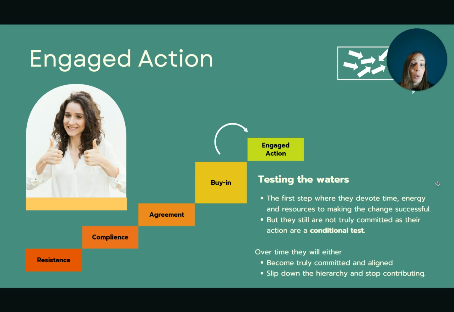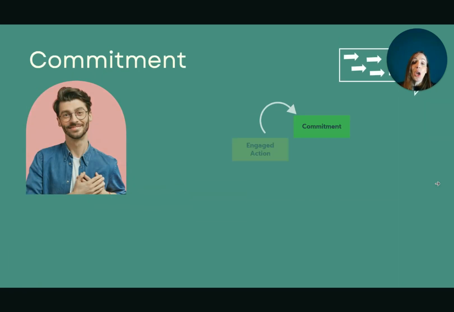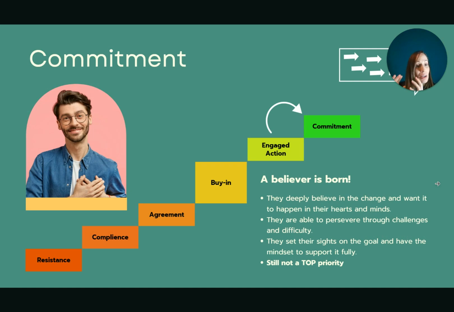But it could also go the other way, whereby they do some baby steps, and then because you're not engaged with them, because you're not supporting them, they can slip back into the lower levels where they're just resisting or complying.